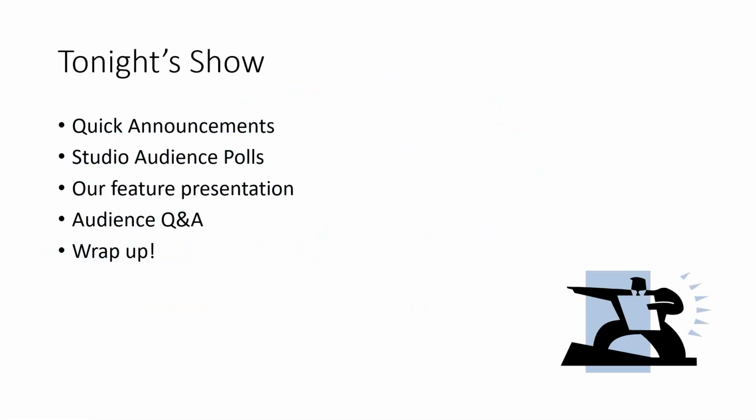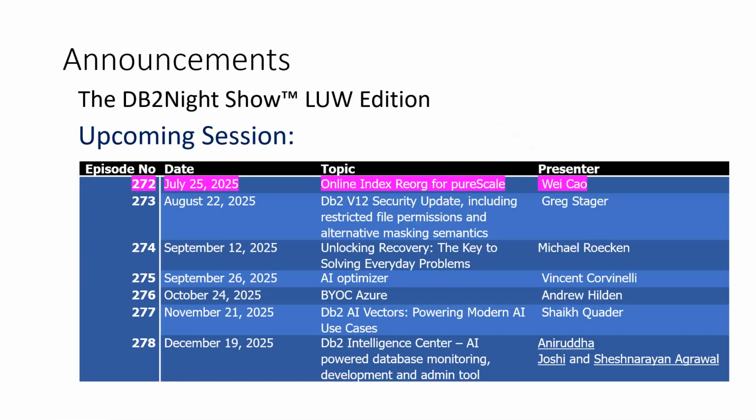Tonight's show, we have online index reorg for pureScale. We have a lot of sessions from the lab this year, starting with a full Db2 12.1 session from Mike, and then Michael took the logs, internals of transaction log, and ASML. All that was completed. Now Wei is going to take you through the pureScale reorg feature and the future. We have a security presentation coming.